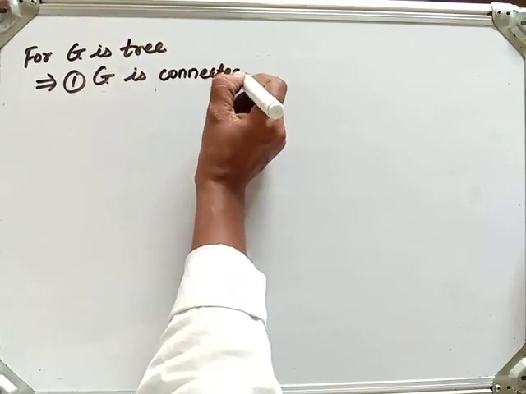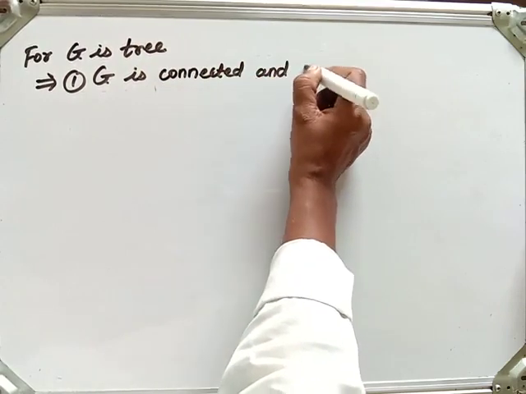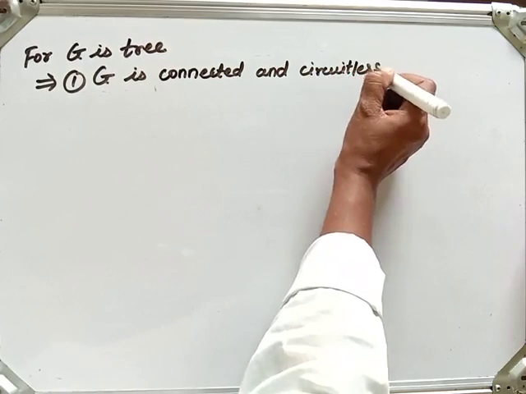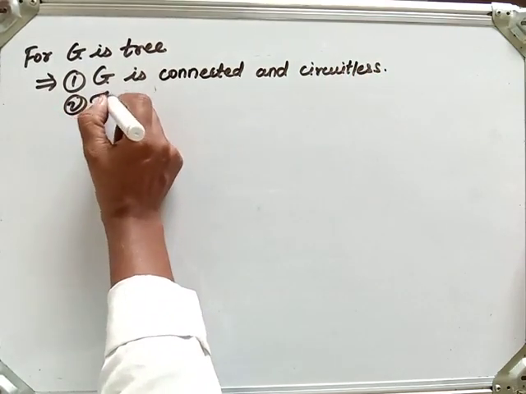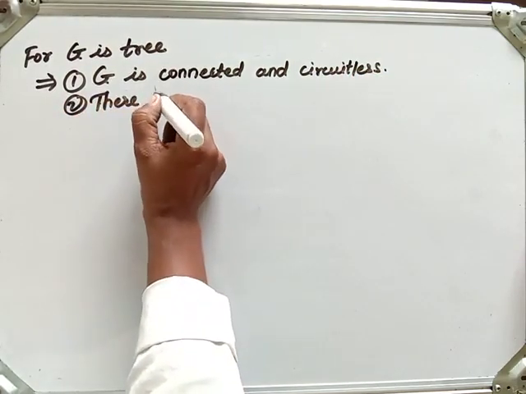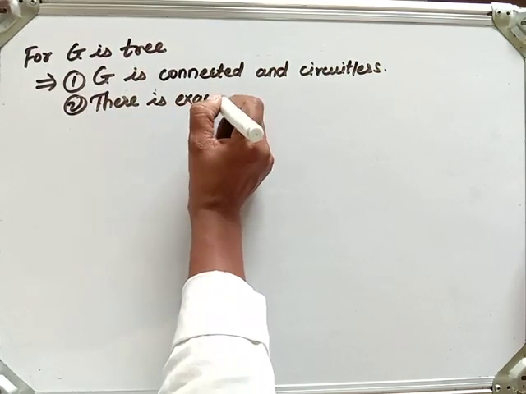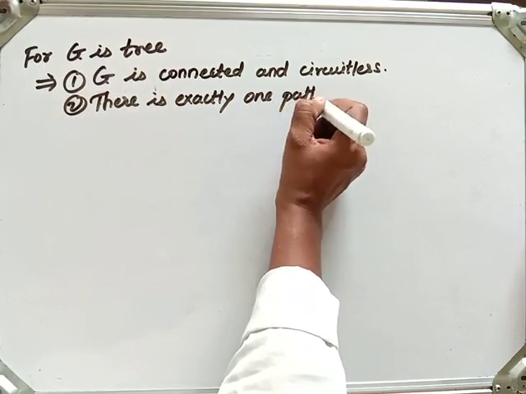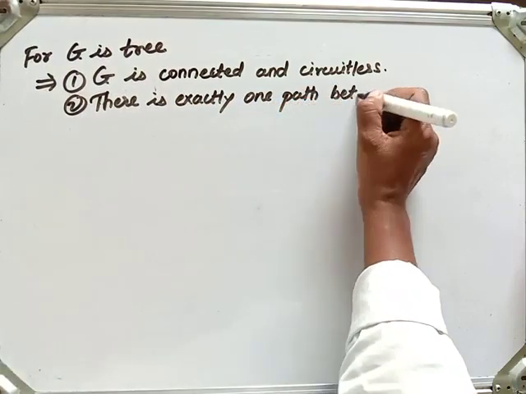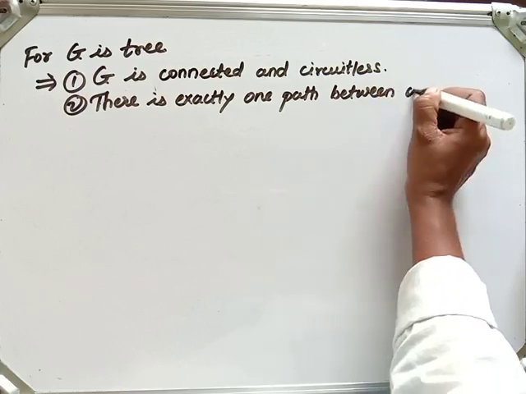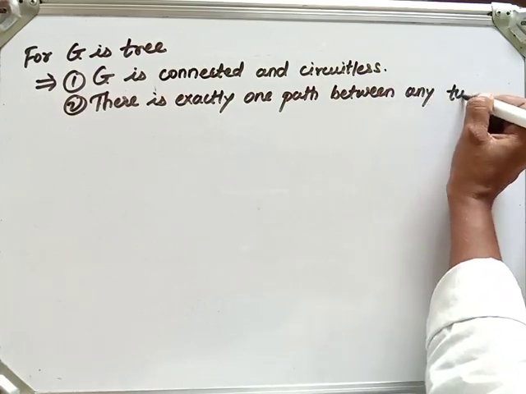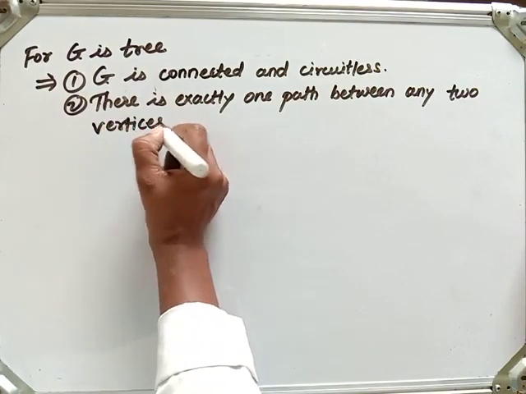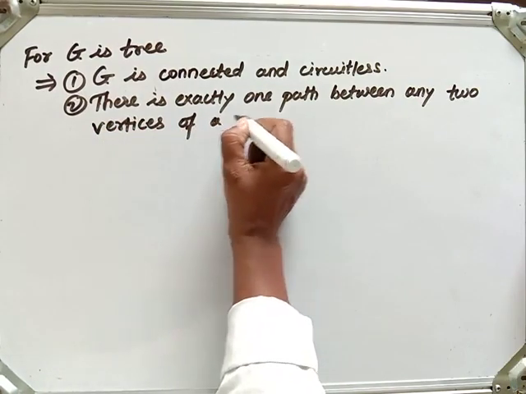From the definition, connected and circuitless. Second, there is exactly one path between any two vertices of a graph G.